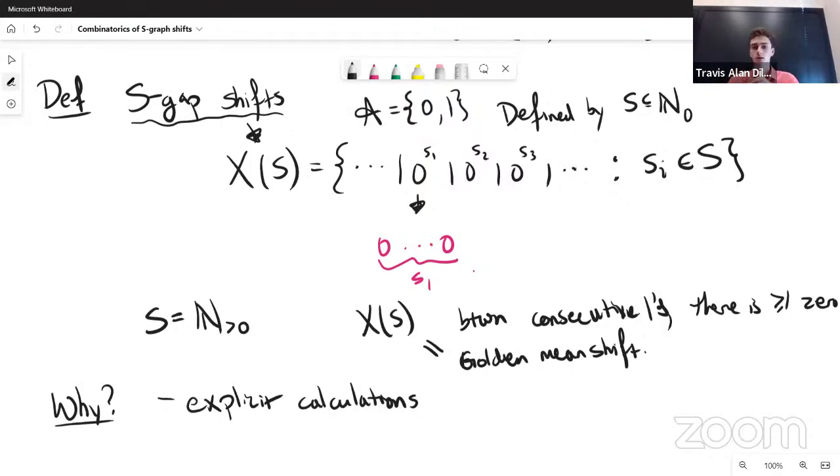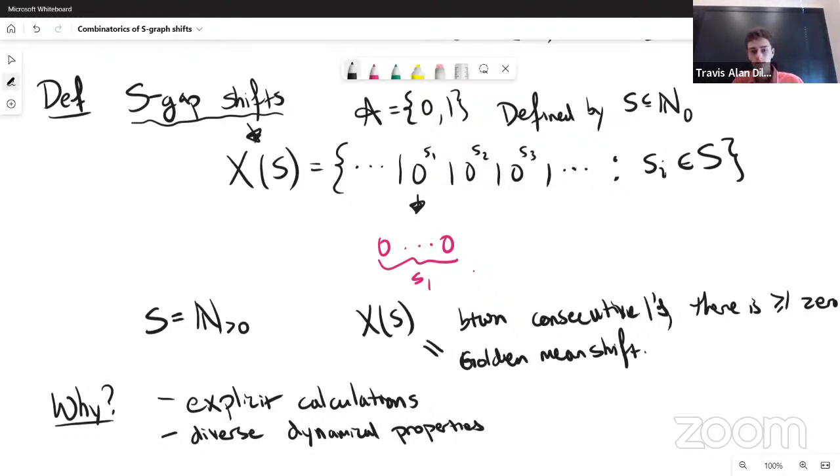So you can get your hands on these things. That makes them good, for example, for giving an explicit example of a shift space that has certain properties. You can write down a shift space that is not Sofic very easily using S-gap shifts and prove that it's not Sofic very easily, if the word Sofic means anything to you. And hand in hand, they're not just easy to compute, but they also give a lot of varying properties. So they're not trivial.